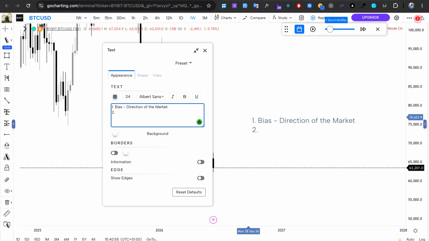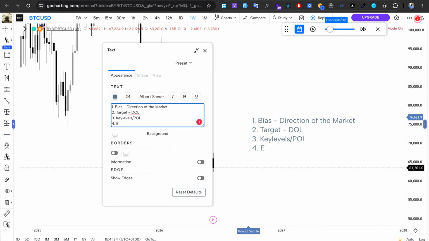Two is the target, or you can say draw on liquidity. Then three is key levels, you can call it POI. And the fourth is what price does when it gets to the POI.